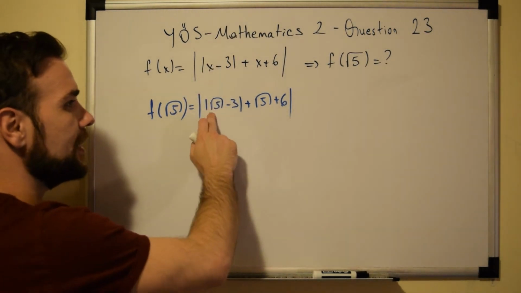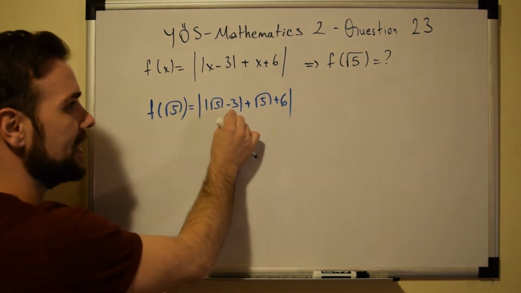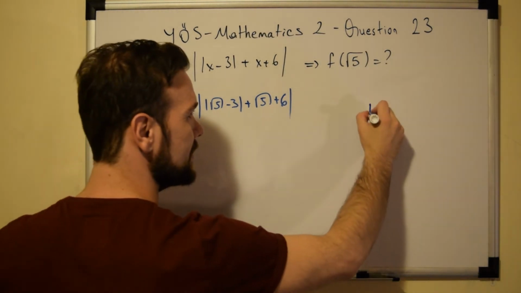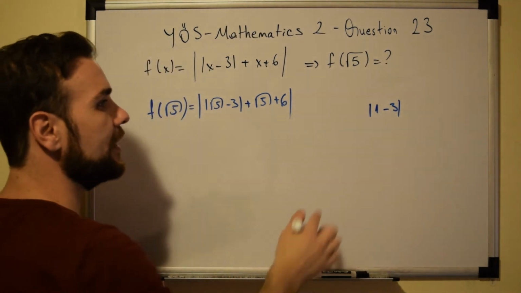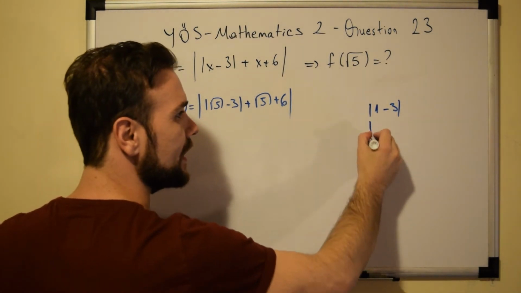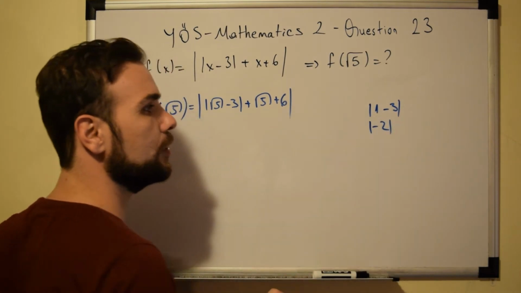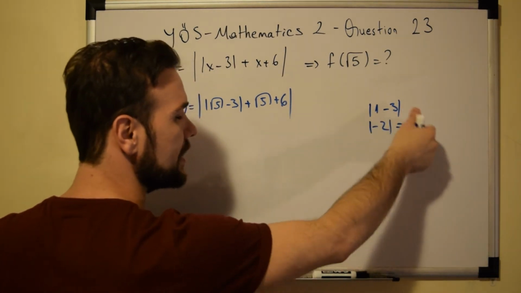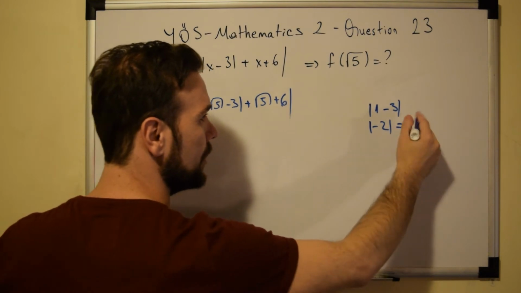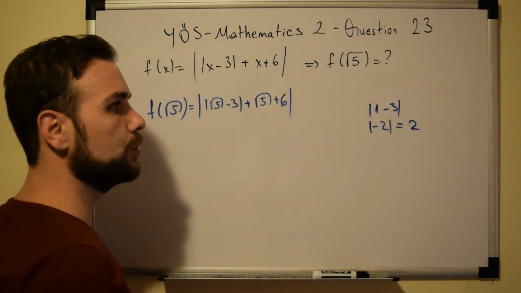Now, if the first number is less than the second number, I'm going to take an example of 1 minus 3, just for simplicity reasons. 1 minus 3 inside the absolute value will be equal to minus 2. And outside the absolute value, it will become positive, so we will have 2.